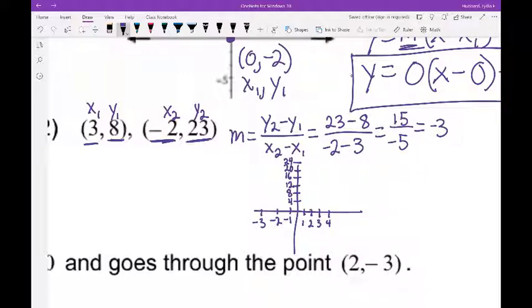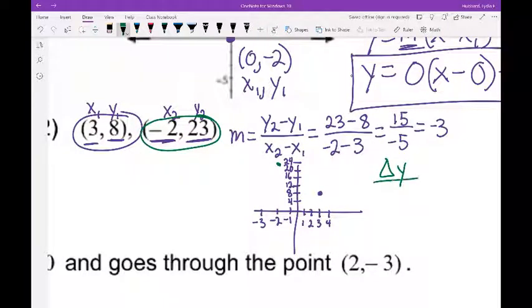Okay, so one point that we have here is 3, 8. So 3, 8 is right here, and that's this first point that I'm graphing. The other point we have is negative 2, 23. So negative 2, 23 is happening right about here. Okay, so that's this point. So we can also calculate this as the change in y over the change in x.